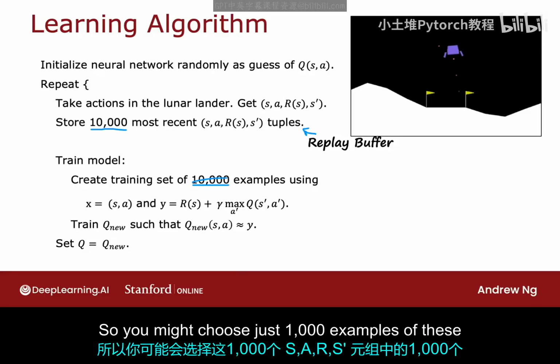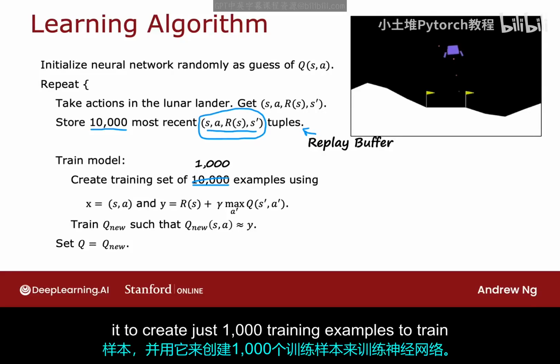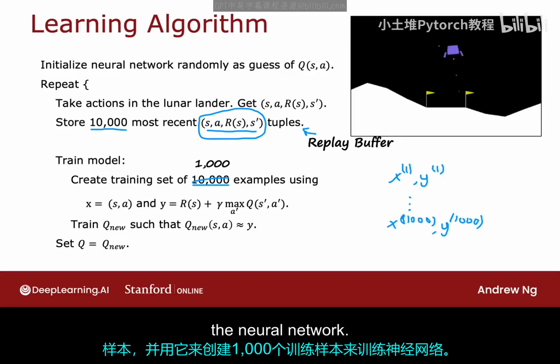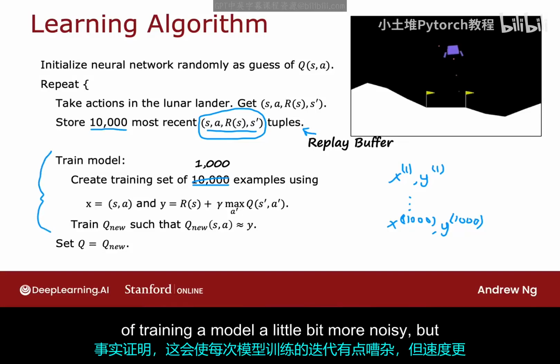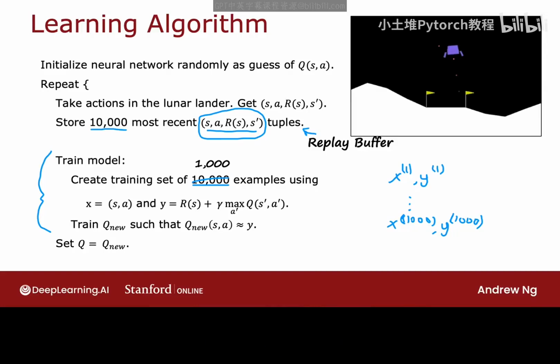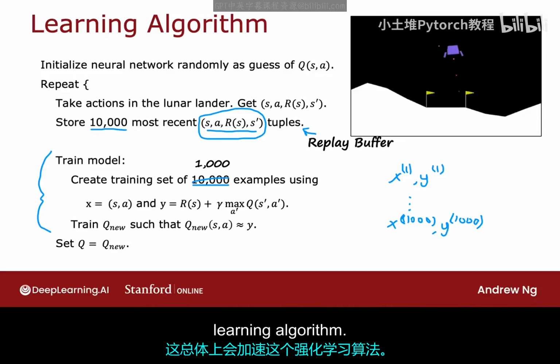So you might choose just 1,000 examples of these (s, a, R(s), s') tuples and use it to create just 1,000 training examples to train the neural network. And it turns out that this will make each iteration of training a model a little bit more noisy, but much faster. And this will overall tend to speed up this reinforcement learning algorithm.